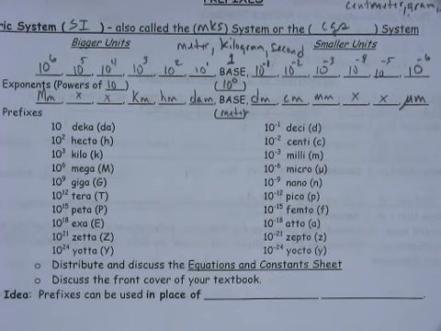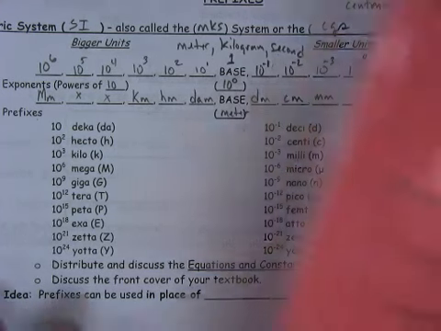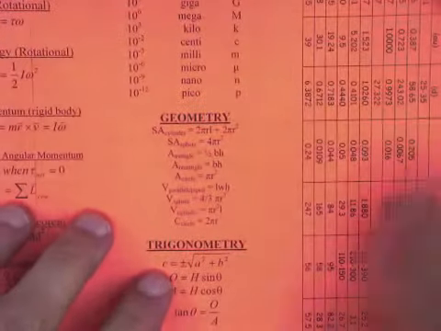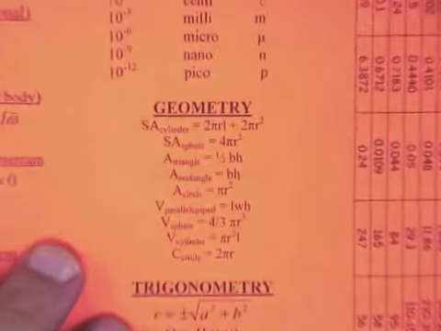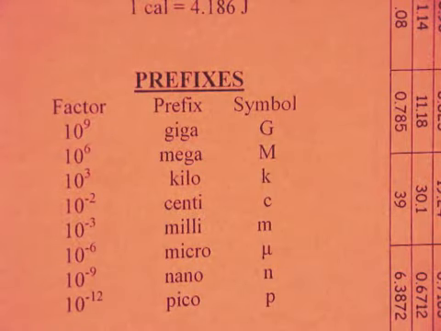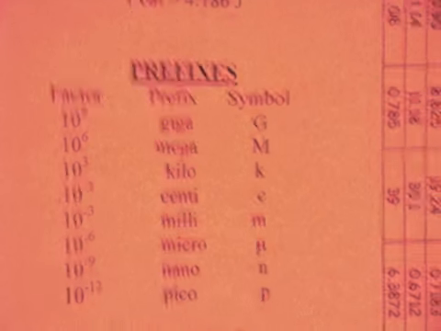They are also on your equation and constant sheet. If you go to your orange equation and constant sheet, right in the middle on the back side, there they are. Those are the ones you'll be getting on the test. You won't have to have them memorized, but they will be very, very handy for you.